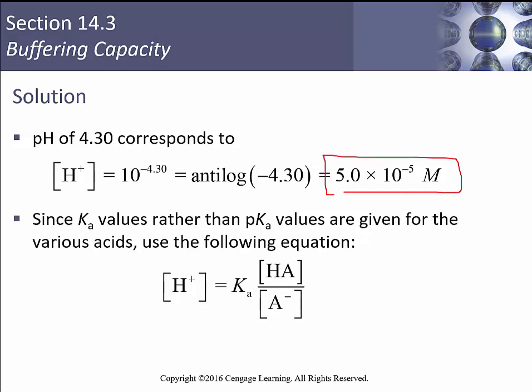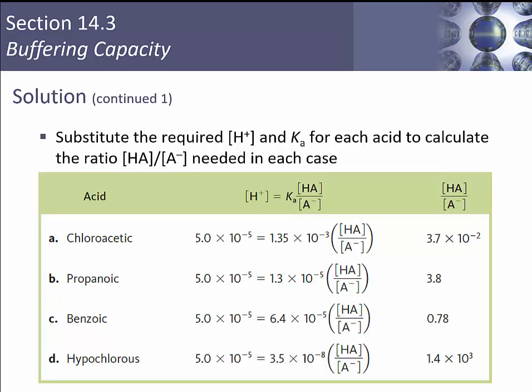So we're going to look for a Ka value. Since Ka values rather than pKa values are given for the various acids, we'll use this formula. Honestly, I would have just done it all as Kas and then compared it. Right? So we're going to use that equation, and we're going to want the one that gives us a Ka close enough that this ratio is about 1.